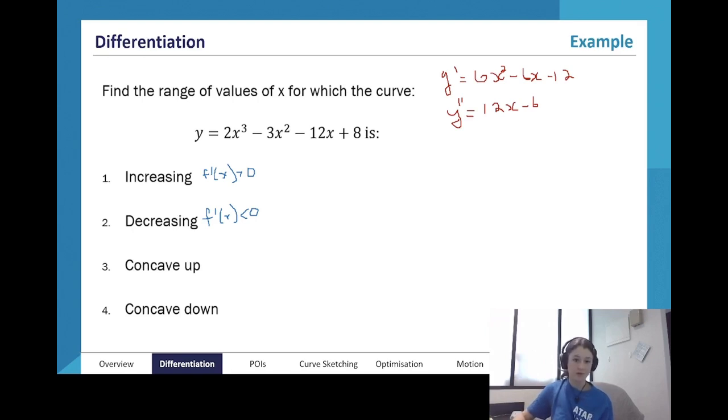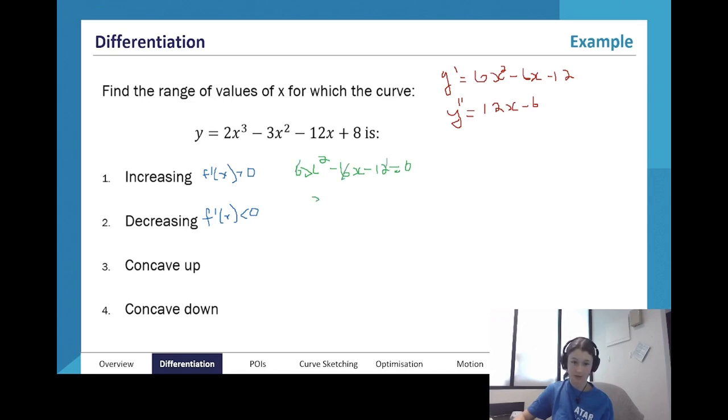So we need to find when the first derivative is going to be equal to 0, and then we're going to find out if it's increasing or decreasing on either side. So we're going to let our first derivative equal 0. As you can see, this is a pretty simple quadratic. Because it's equal to 0, we can cancel these.